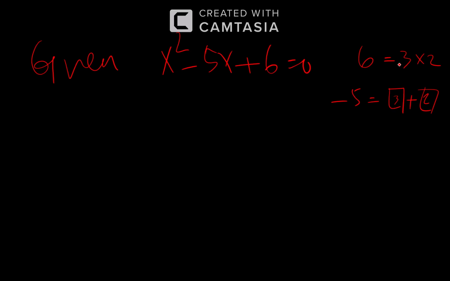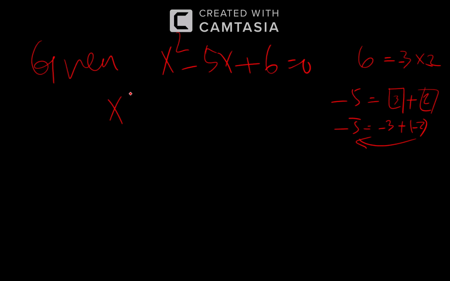So we can put a negative sign on each. So negative 3 times negative 2 is equal to positive 6, and negative 3 plus negative 2 is equal to negative 5. So this case satisfies our equation.